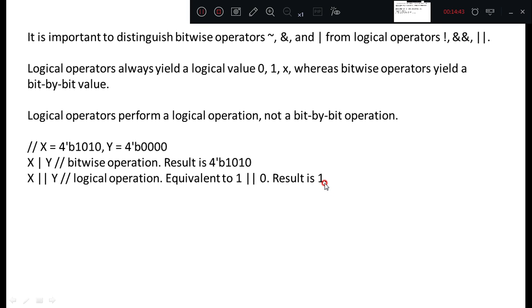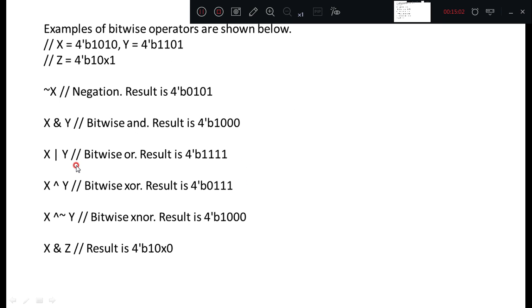So logical operators result in a single-bit value 0, 1, x, whereas bitwise operators give you a bitwise operation. Since x and y are 4 bits here, the result is also 4 bits. In this case a 4 bit operation is performed.